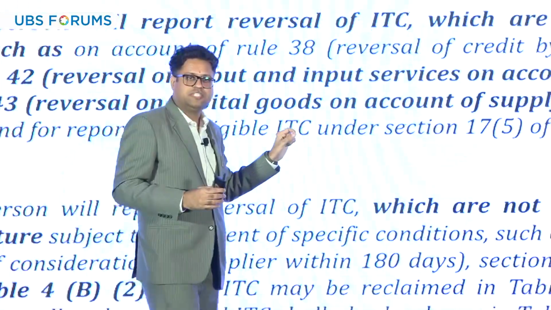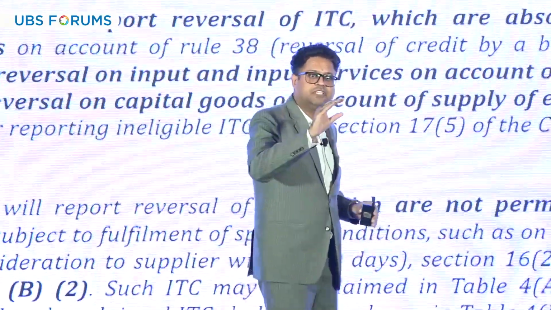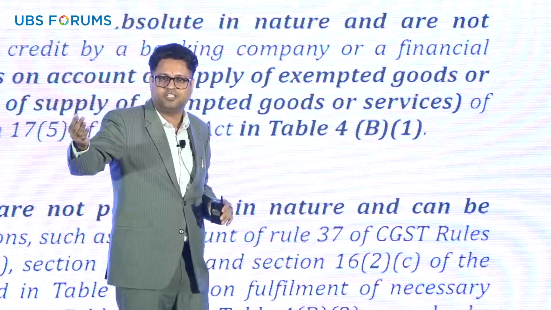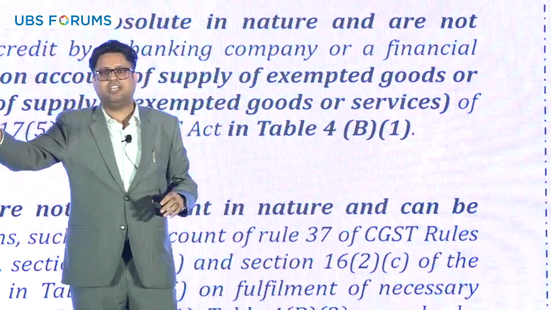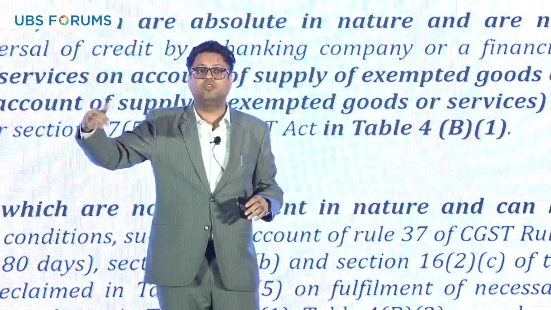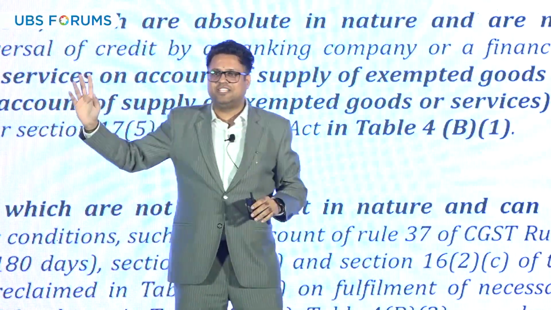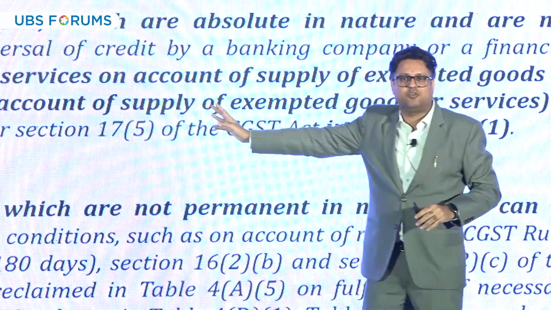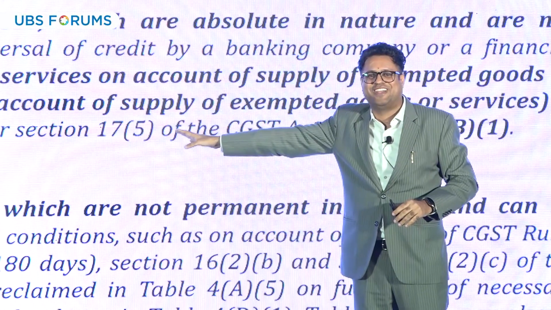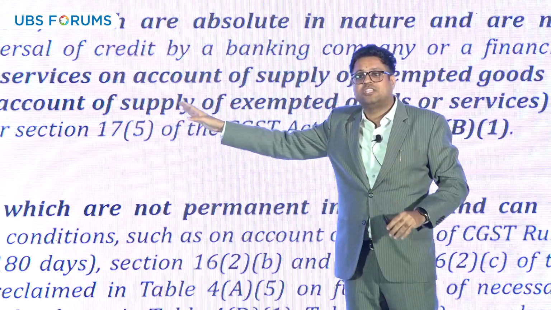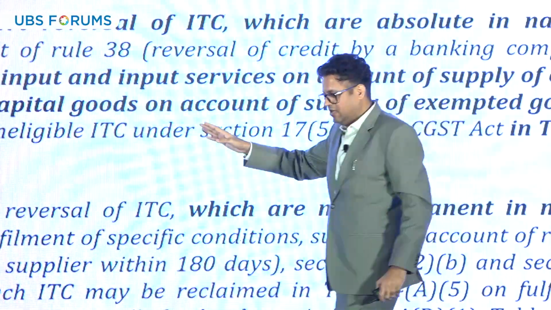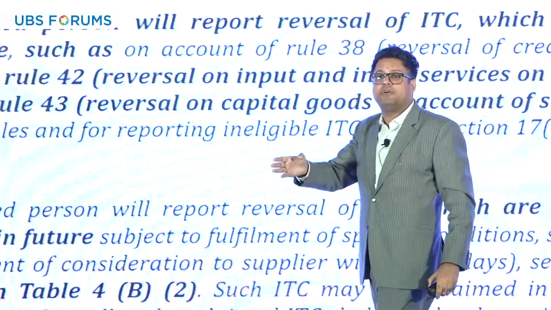Rule 42 states that you first reverse on the basis of month-wise calculation, and after the year ends you can either reverse in excess or reclaim. So is this circular right in saying that which is absolute in nature and cannot be reclaimed, for example 42? No. The circular itself contradicts the law by stating that Rule 42 reversal is absolute and permanent in nature.